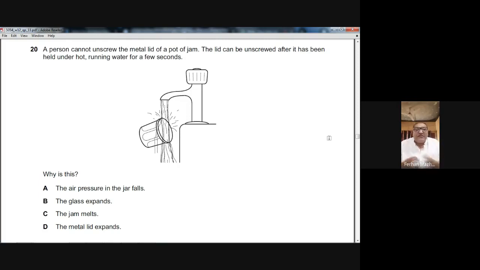So what will happen? It will loosen, and you can open it. So the reason is the metal lid expands. Common sense question. Question number 20, D is the right option, sir.